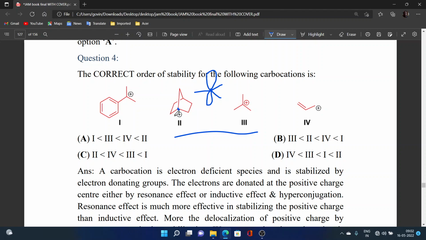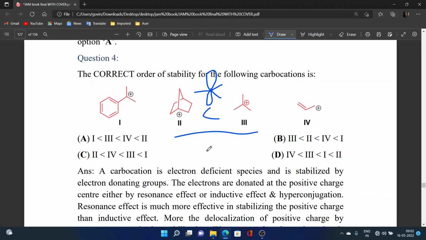So positive charge does not come here, never a pi bond comes on a bridge carbon of such systems, because for a pi bond to form it has to have a p orbital, which means it should be sp2 hybridized, planar, and it cannot be planar. So this is highly unstable and 3 is definitely more stable than 2.